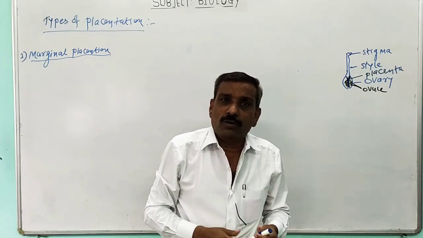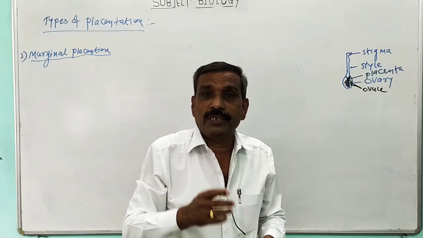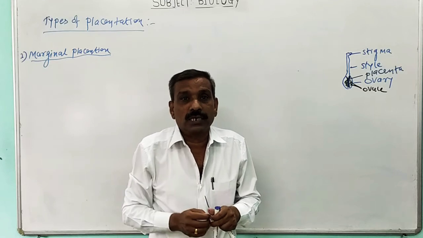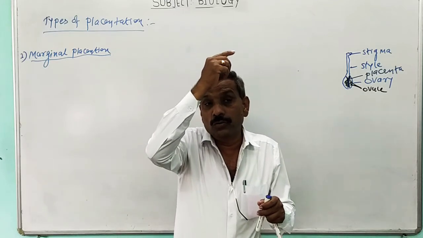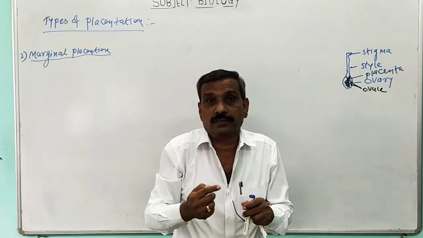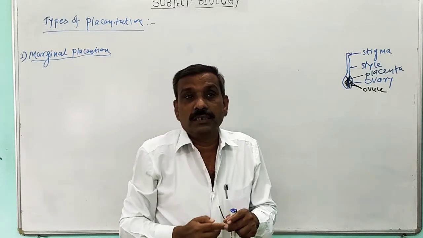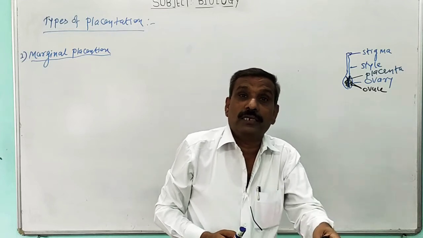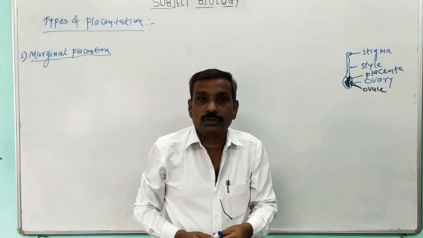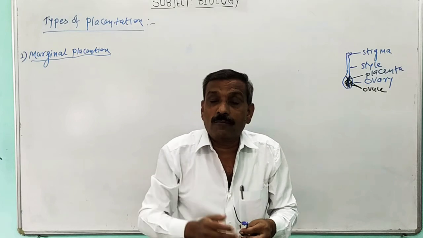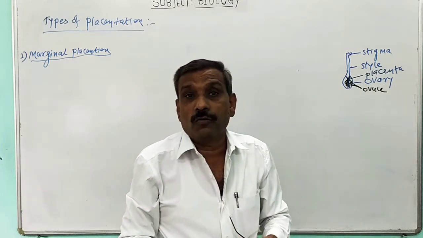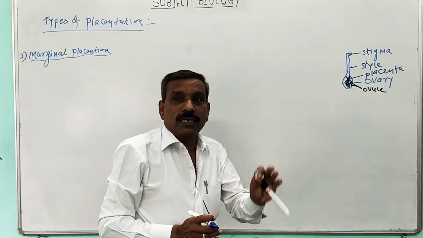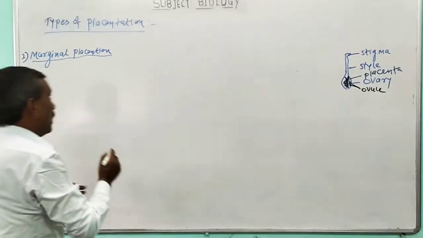Now all of you might have observed different pods. तुम्ही वेगवेगळी शेंग पाहिली असेल, तुरीची, भुईमुगाची, मुगाची, तर त्यामध्ये जे काही ग्रेन्स किंवा seeds असतील, those seeds develop from the margin of the ovary. After fertilization, ovule converts into seed. When ovules develop from the folded or fused margin of the ovary, that placentation is known as marginal placentation.